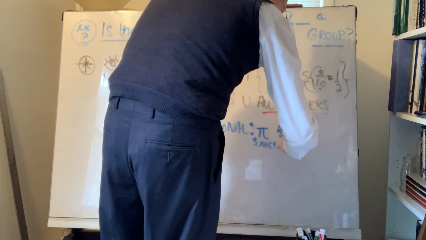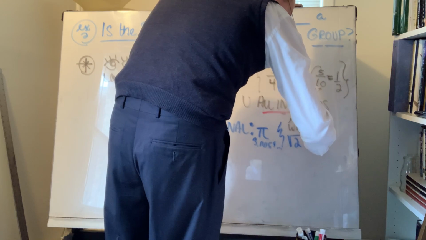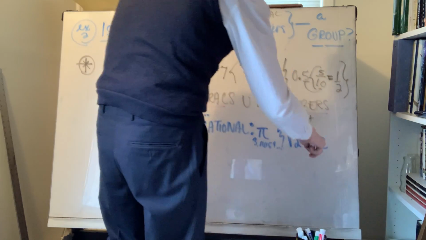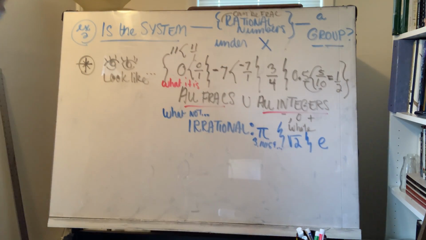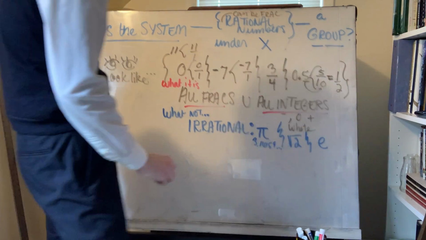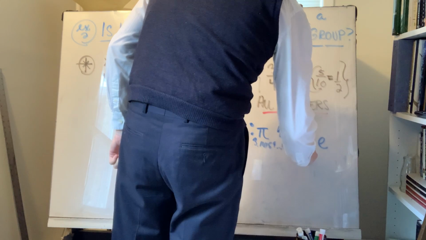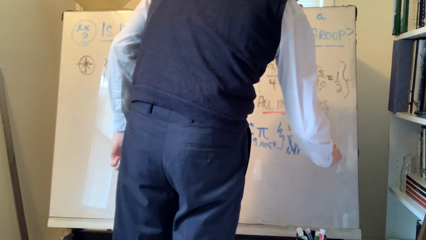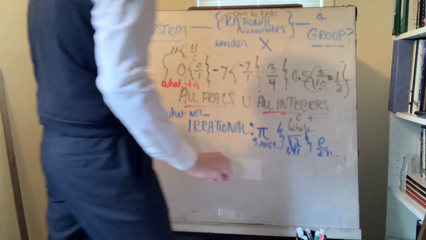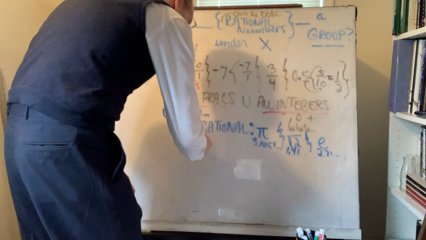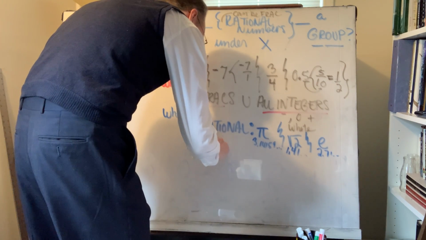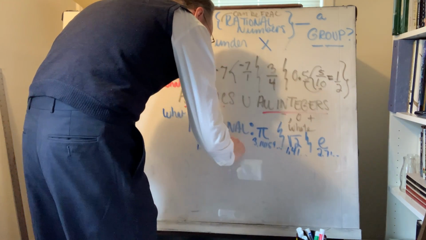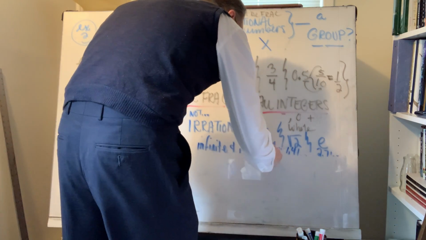Another example would be something like the square root of 2, or famously Euler's number, 2.71, whatever it is, into infinity. These are infinite and non-repeating.